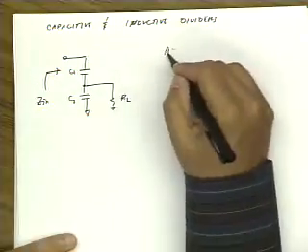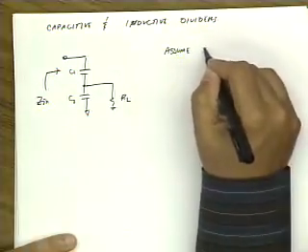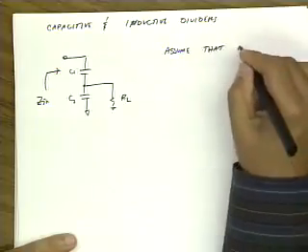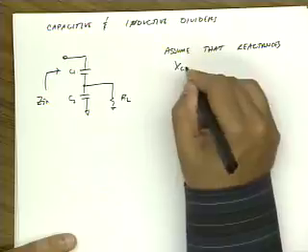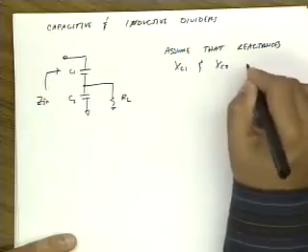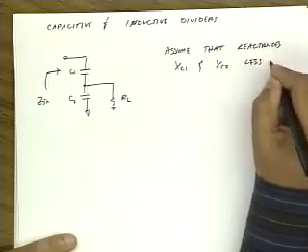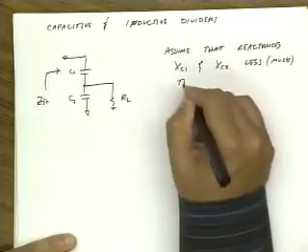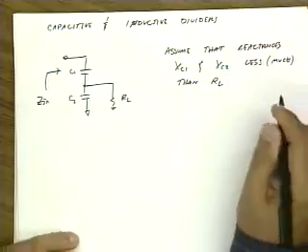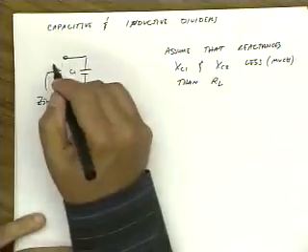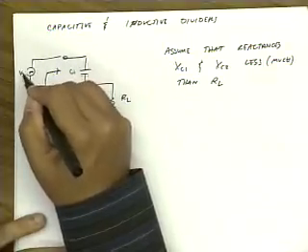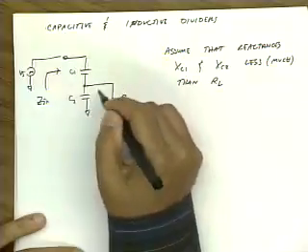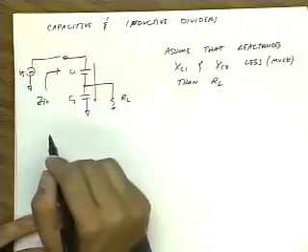Let's assume that the reactances XC1 and XC2 are much less than RL. That means that if I put in a voltage source here, most of the current actually will flow through here.